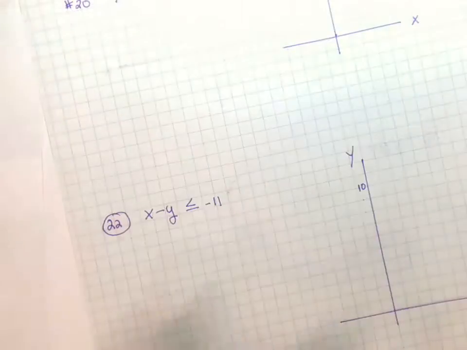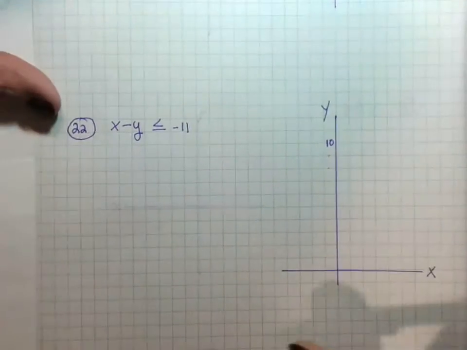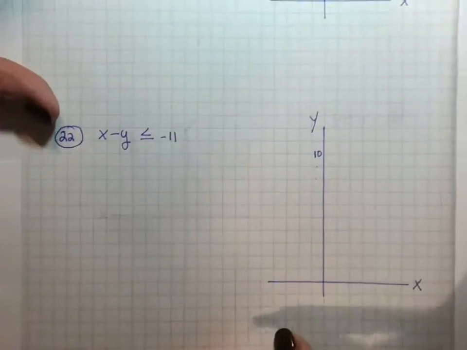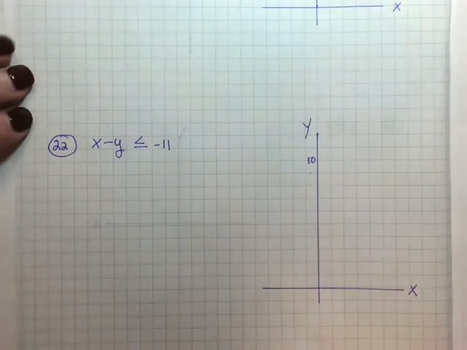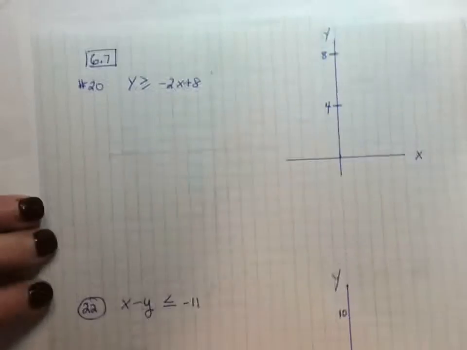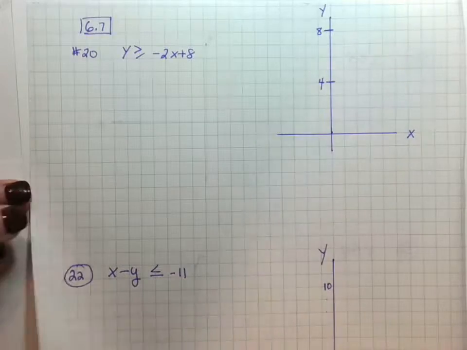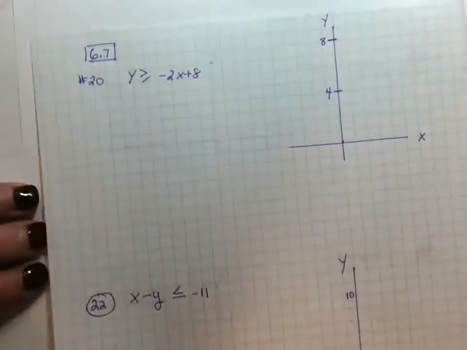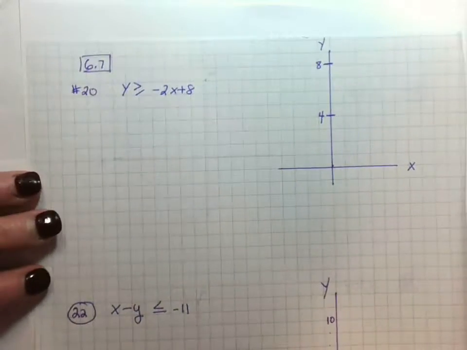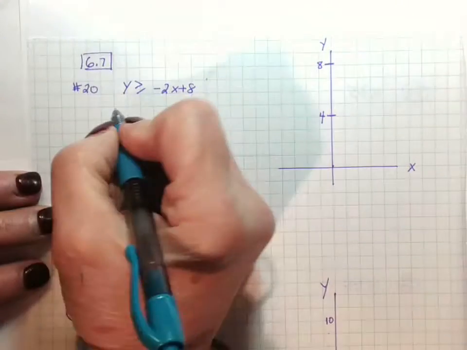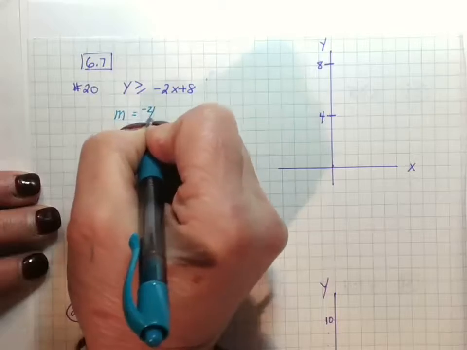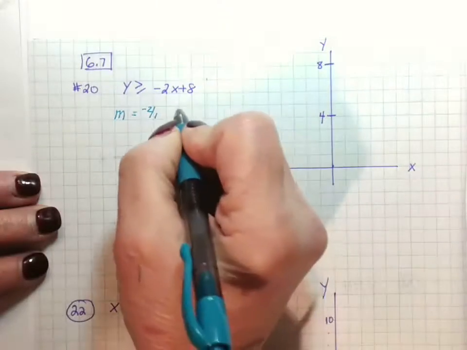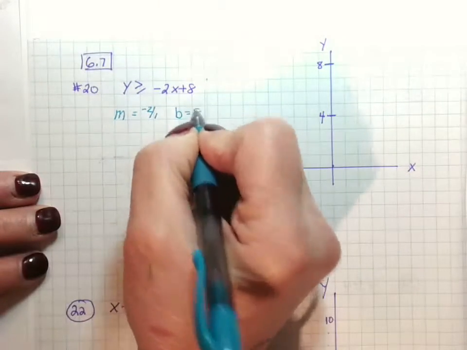Now we have 4 graphing problems. The first one we're going to do is number 20. Okay, so the slope is -2/1. The y-intercept is 8.